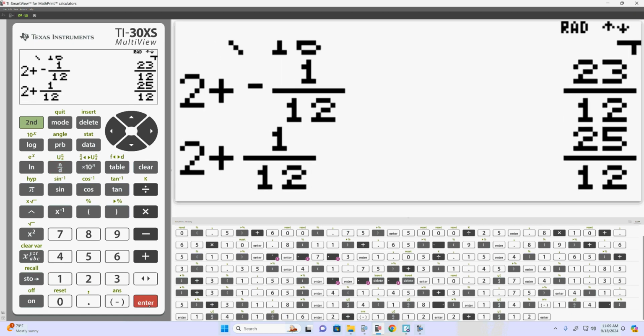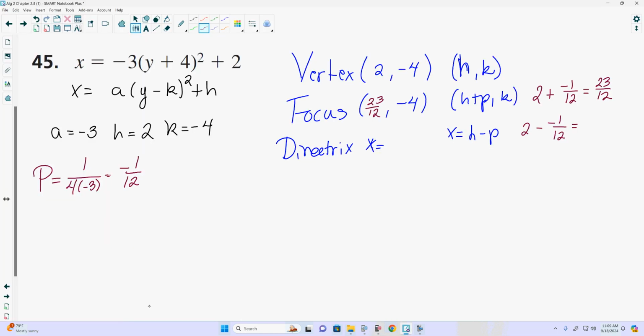As a mixed number, it'd be 2 1/12. Or as an improper fraction, it is 25 over 12. So x is equal to 25 over 12. Axis of symmetry is y is equal to k.